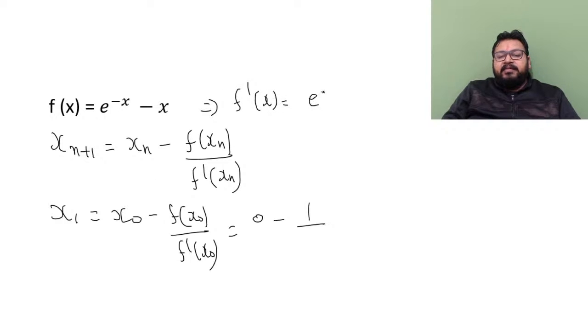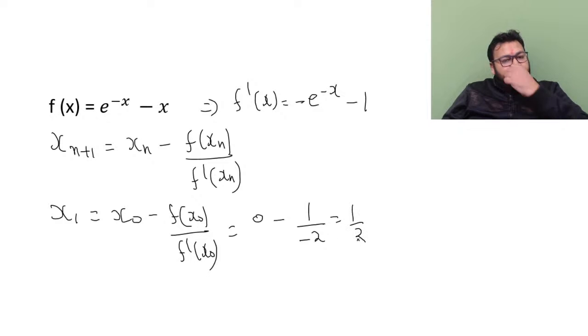So e to the power minus x, the derivative becomes minus 1, and for the x, the derivative is 1. So when you put x as 0, e to the power 0 becomes 1. Multiply minus sign becomes minus 1. Minus 1 becomes minus 2. Minus minus plus, it comes out to be 1 by 2. So the first guess is 1 by 2.